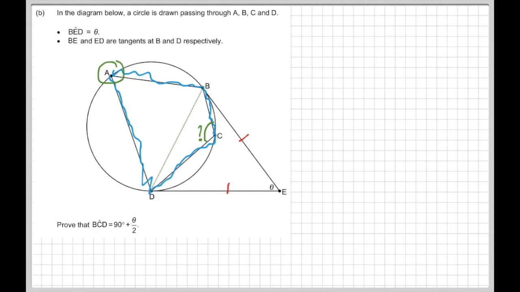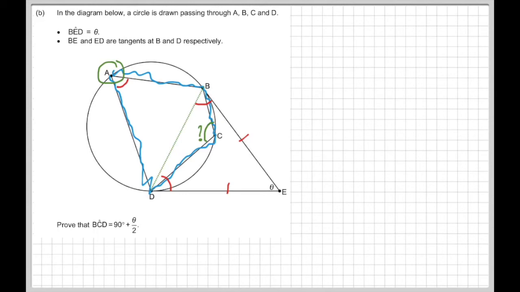Because if I've got BD, then I actually have an isosceles triangle. And also, I can apply theorem 9, which is the tan-chord theorem, that angle EBD, as well as angle EDB, are equal to angle A because of tan-chord theorem.